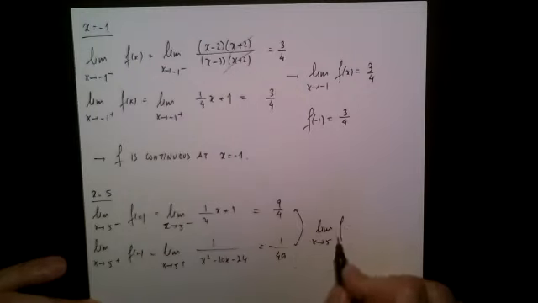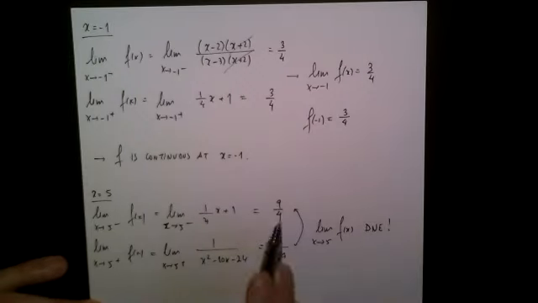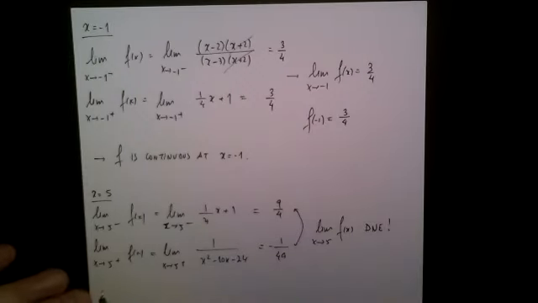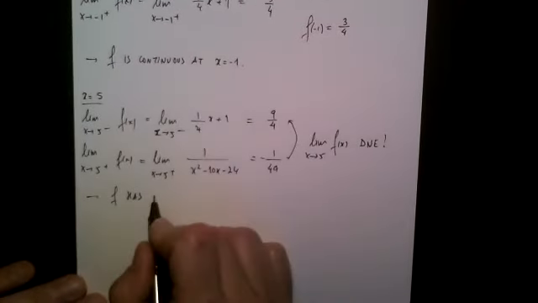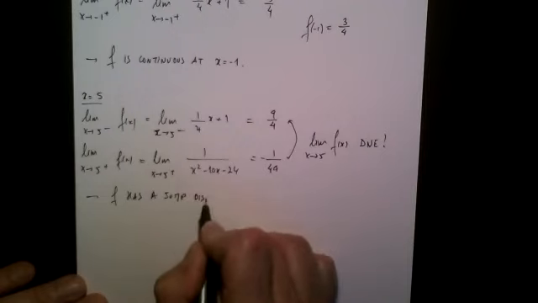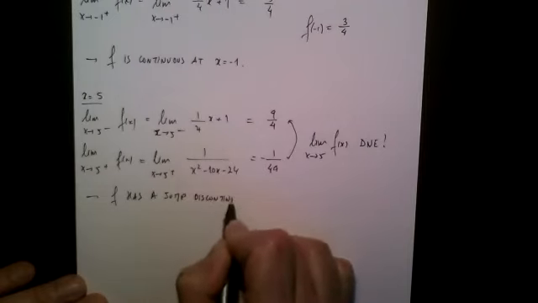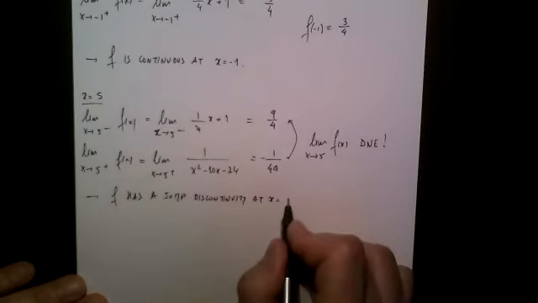The limit as x approaches 5 of f of x does not exist because left and right are not the same. And so f has what type of discontinuity here? A jump discontinuity. Very good, at x equals 5.